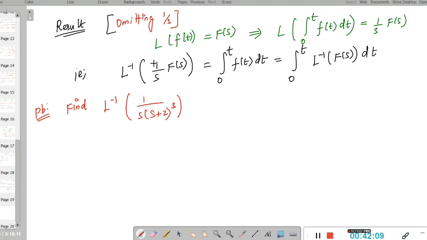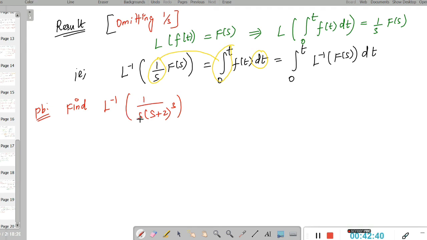L inverse of 1 by s into F of s equal to, so instead of this 1 by s, I have used the corresponding integration. So this is the meaning. By using this result, I am going to find L inverse here. Solution.